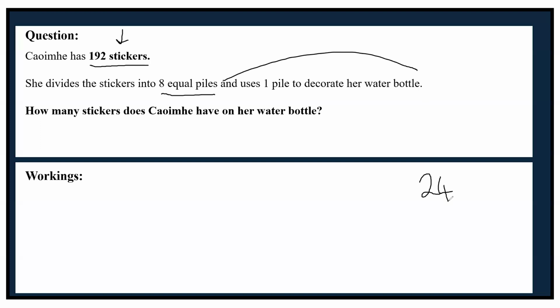So what that tells us is that we've got 8 piles each with 24 stickers in, because we've arranged them into 8 piles, and 192 divided by 8 is 24, which means each pile has 24 stickers, yeah? And then the question says she uses 1 pile to decorate her water bottle. Well, we know that 1 pile has 24, so the answer is 24. Okay, very good, guys.